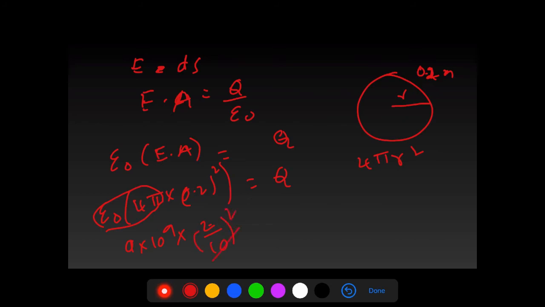This gives 10 to the power of 7, and 2 square is 4. So 9 fours are 36. 36 into 10 to the power of 7 is the charge in coulombs. So that way we have to solve the problem.